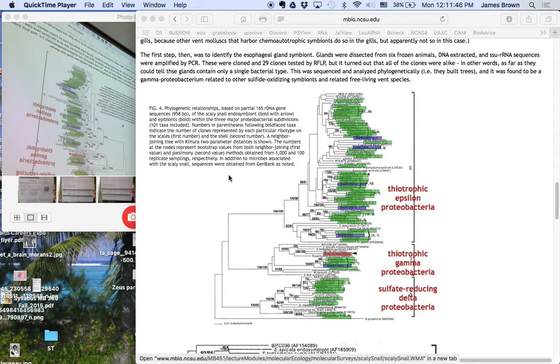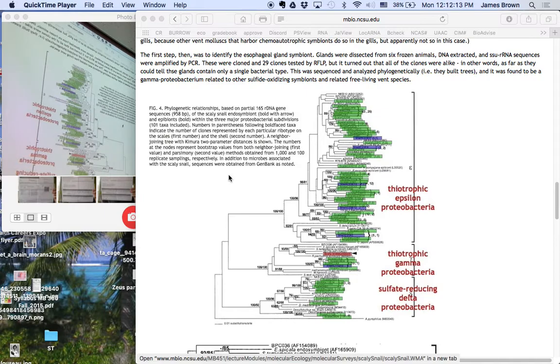I think you can see one thing really easily, though, because in this case, the ones I've highlighted green are associated with the scale biofilm, and the ones in blue are those associated with the shell biofilm. The shell biofilm is obviously a much less complex community by quite a lot.